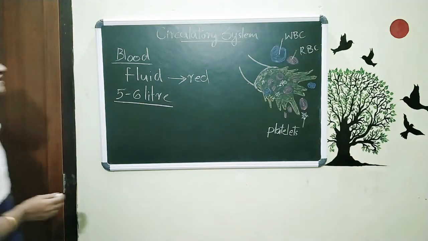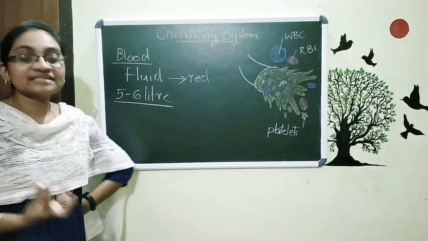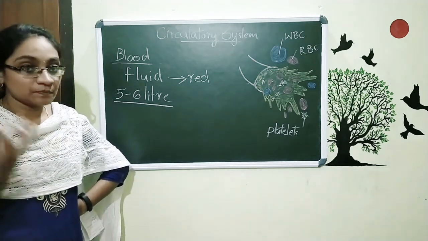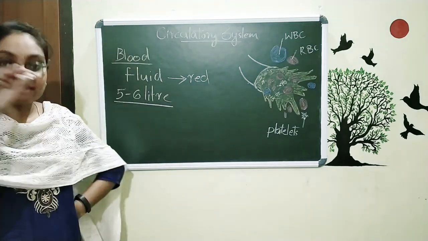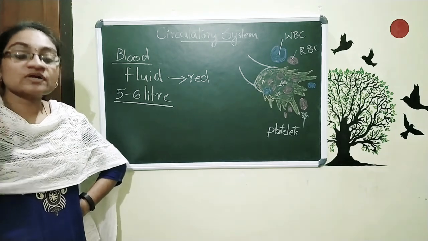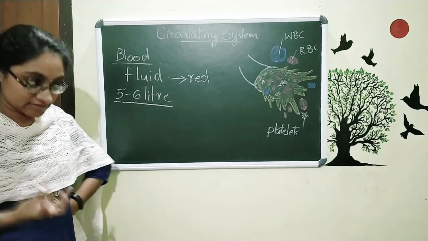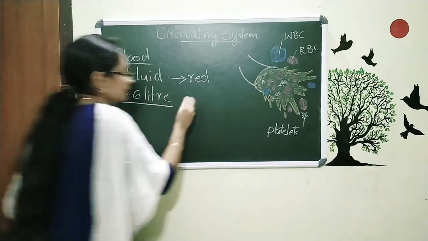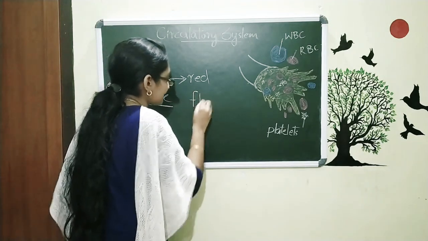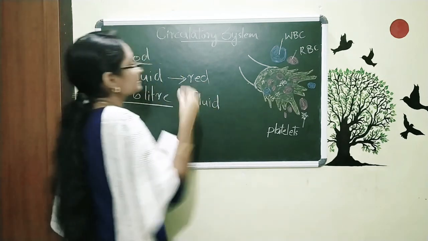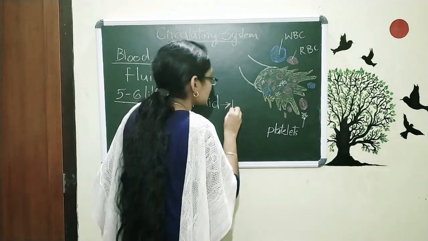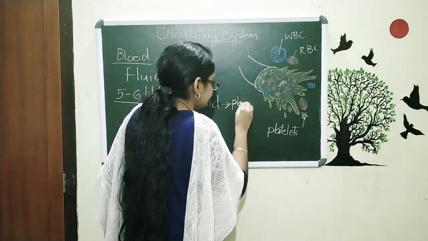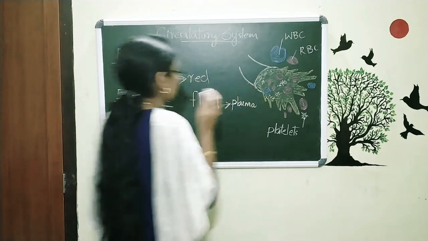Now, the question is, what are the things included in our blood? Actually, blood has a certain liquid and also certain types of cells. The fluid is called plasma.